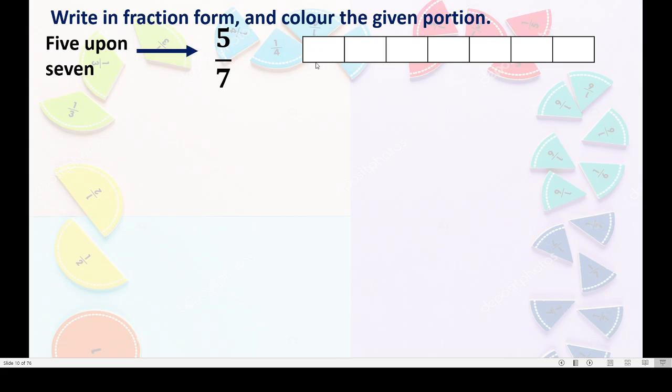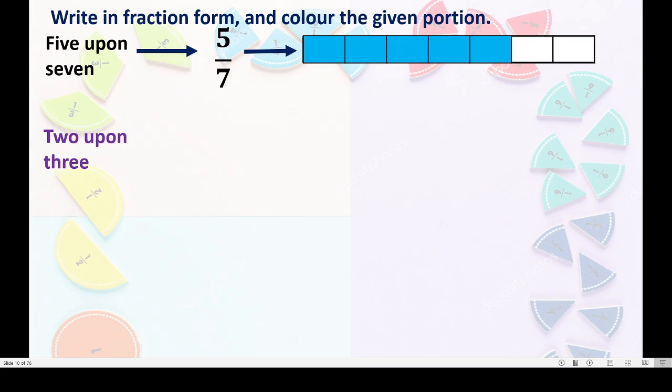Here 7 equal parts are there. 1, 2, 3, 4, 5, 6, 7. Yes, this is right. So 7 equal parts are there. And what did they say? Color the given portion. How many parts do we have to color here? 5 parts. 1, 2, 3, 4 and 5. Correct? 5 portions we have colored out of 7 parts.